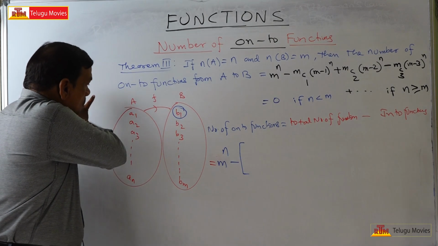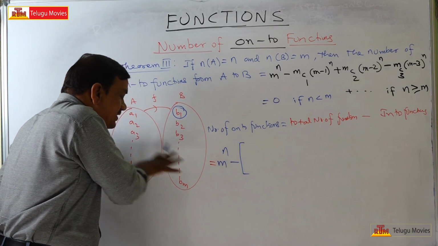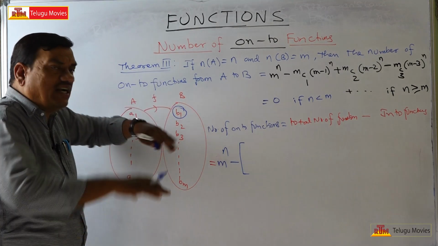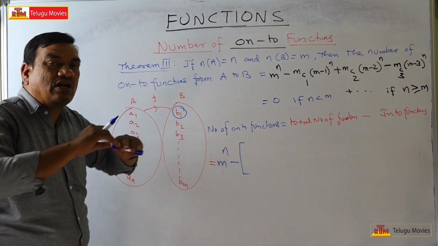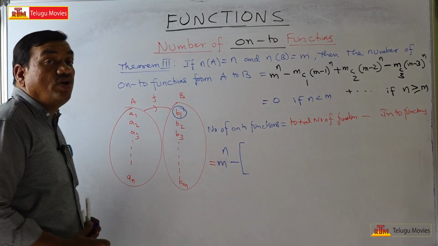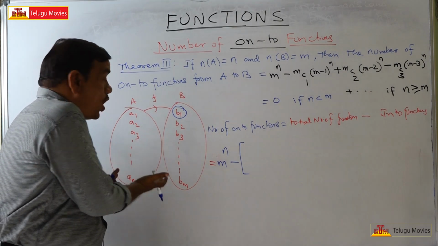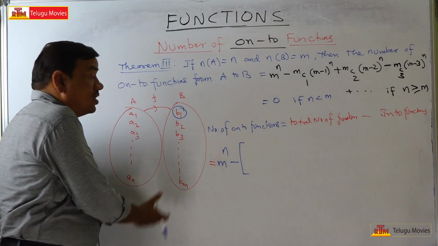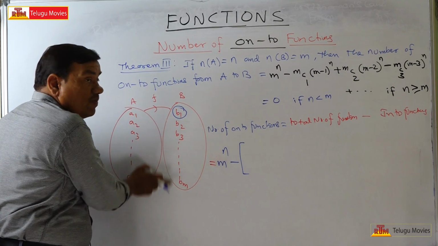Yes. All these A1, A2, A3 are attached to B2, B3, Bm. Forget about B1. B1 is alone. It is not talking with anybody. Therefore, it is an into function. Then how many functions will you get here? If B1 is left over, how many elements will be there?